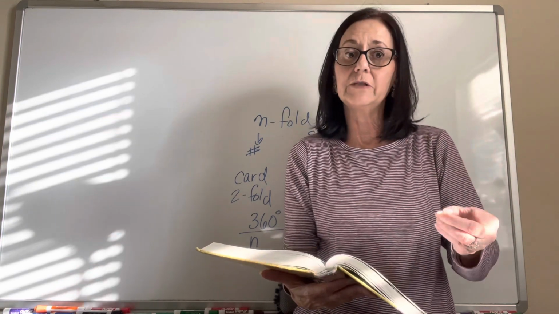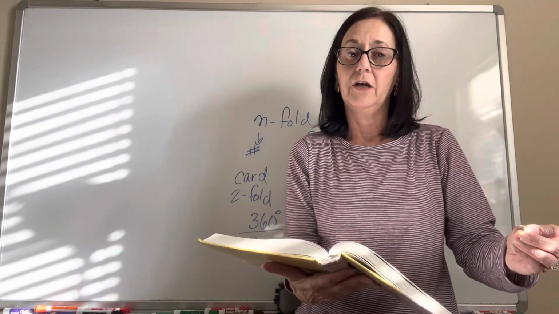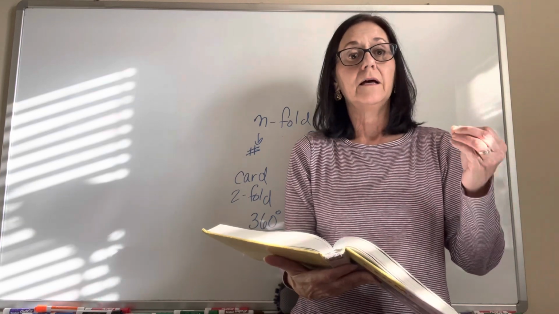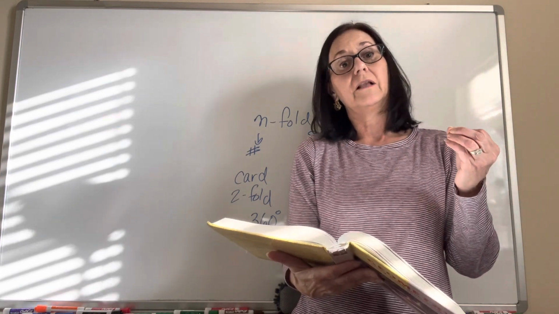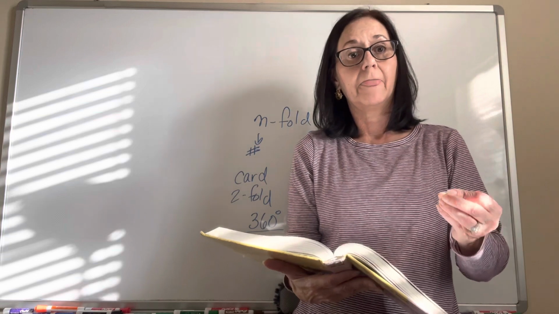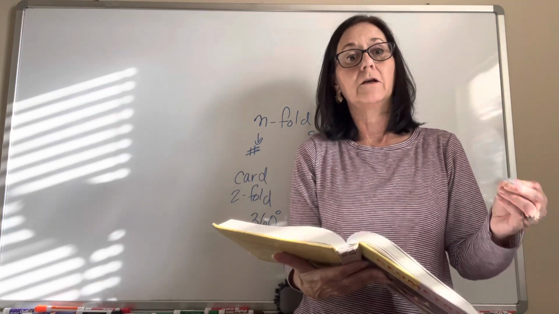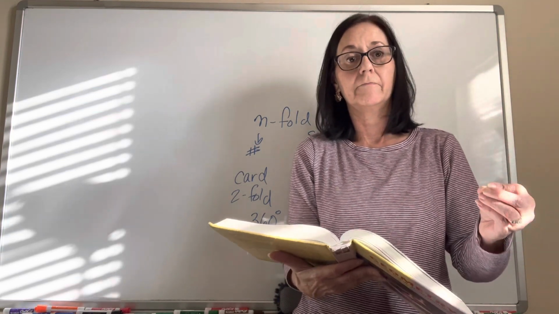All right, that's rotation symmetry. You have to be able to rotate an object through less than 360 degrees, and the resultant image looks the exact same as the original.